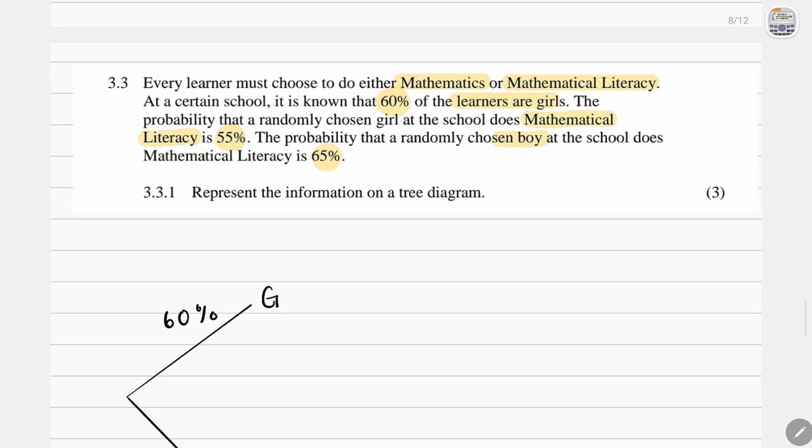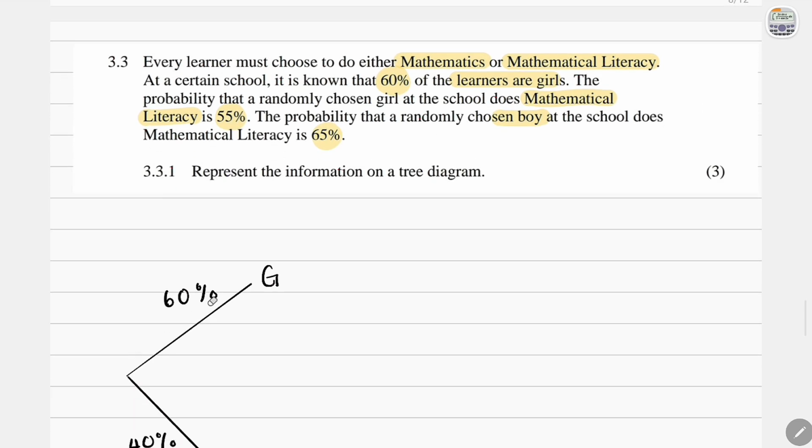Now we look at each branch. So from this 60%, they said the probability that a randomly chosen girl at the school does mathematical literacy is 55%. So that she does maths lit, we can just say ML, that is 55%.